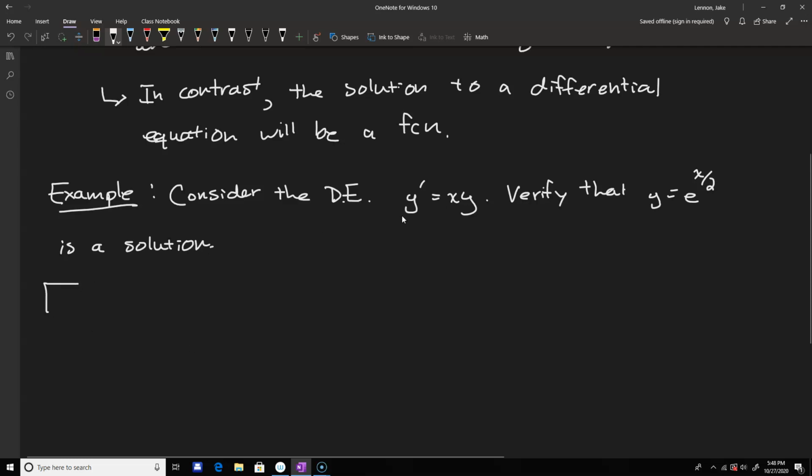So basically what we want to do, we know what x is, we know what y is, so xy would just be x times e to the x squared over 2, so we want to find the derivative of y. So we're going to use the chain rule to find y prime.